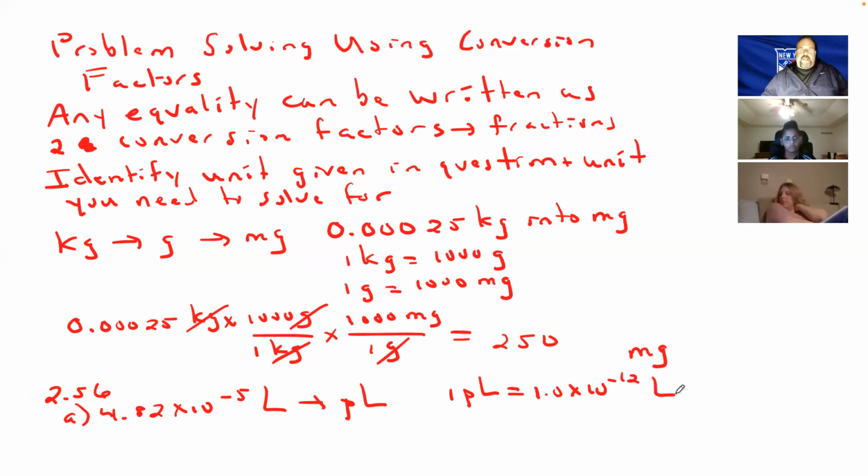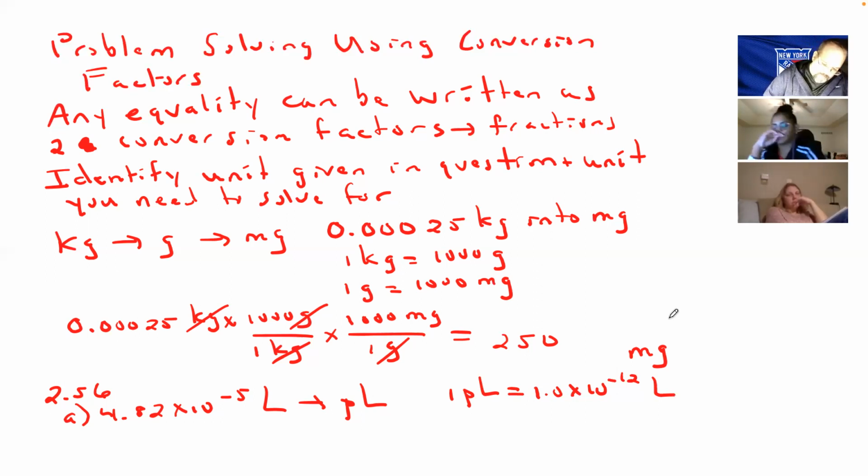Okay. Now, if you wanted to use the equality in this form, it's absolutely fine. Just like I don't like to have decimals or fractions in the equalities, I'm not so much of a fan of numbers in scientific notation with negative exponents. So what I would do in this case is divide both sides by 1.0 times 10 to the minus 12.